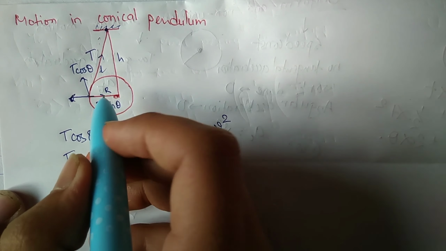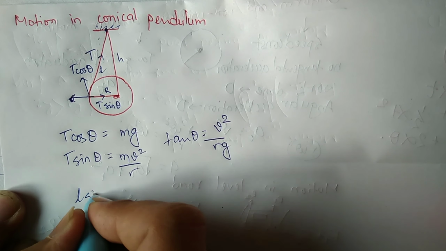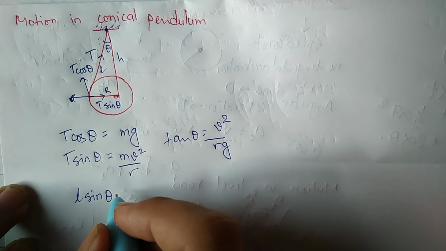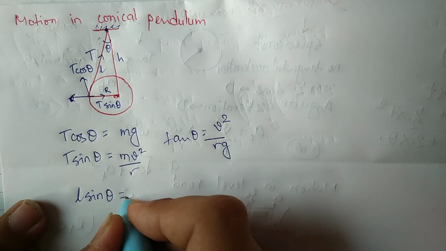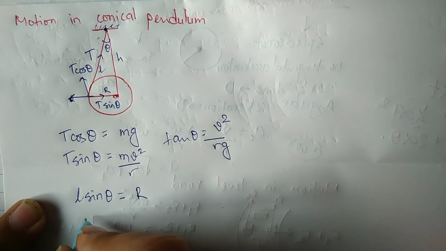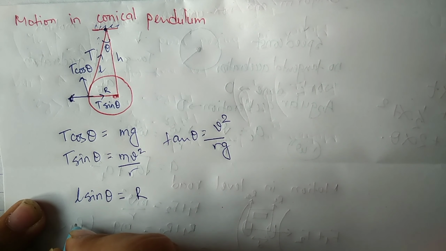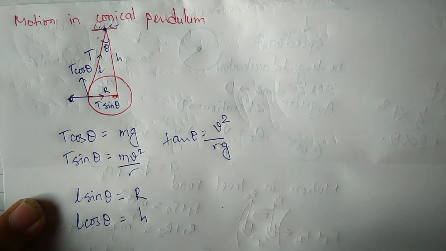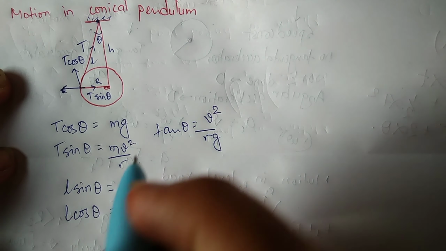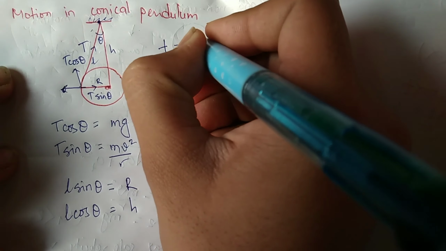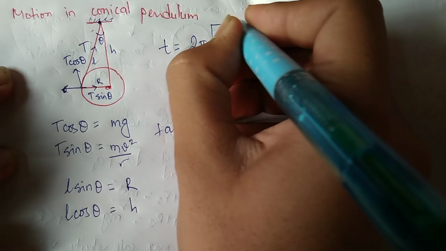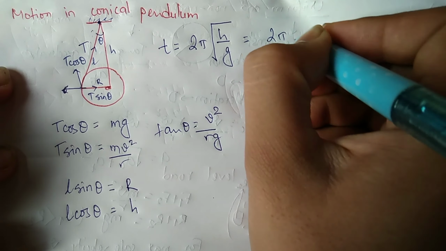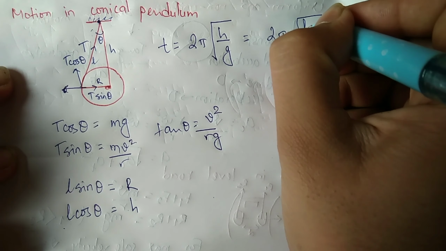And then similarly, l sin theta will be r, and l cos theta will be h. In case of conical pendulum, time period is important, which is T is equal to 2 pi root under h by g, or we can write 2 pi root under l cos theta by g.